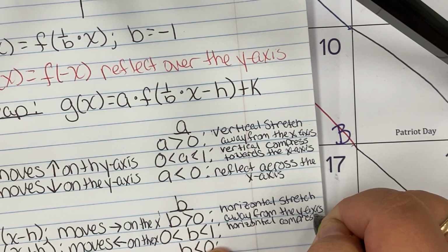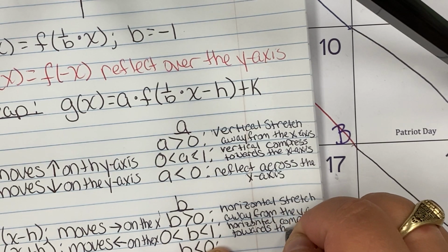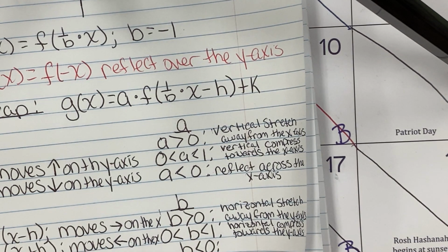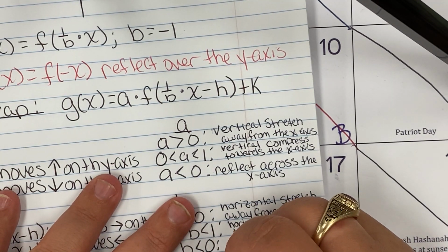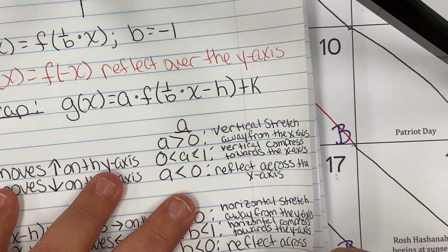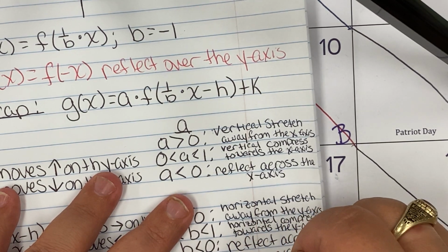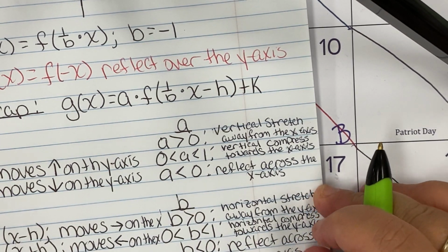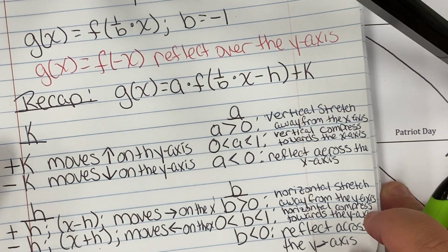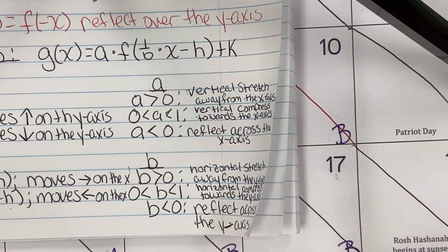So it's going to shrink, and it's going to go towards the y-axis. And if b is less than 0, like we just learned, that's a reflect across the y-axis. Okay, so there's your little recap for k, h, a, and b.